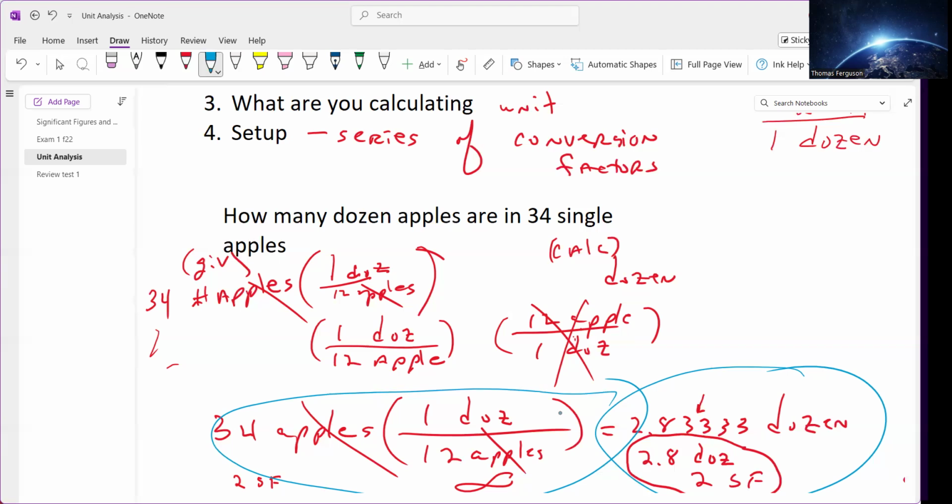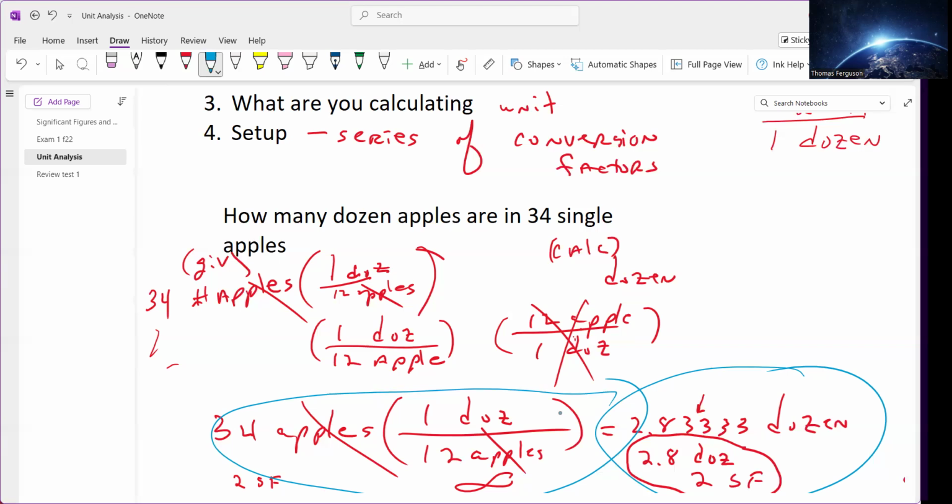Now what's canceling are the units, not the number. He's asking about the significant figures, why the dozen is infinite. Okay. 34 is 2 sig figs. The dozen is by definition, so it's infinite.